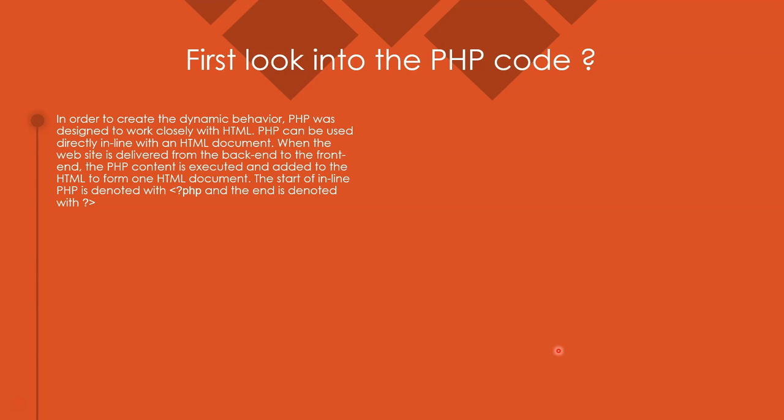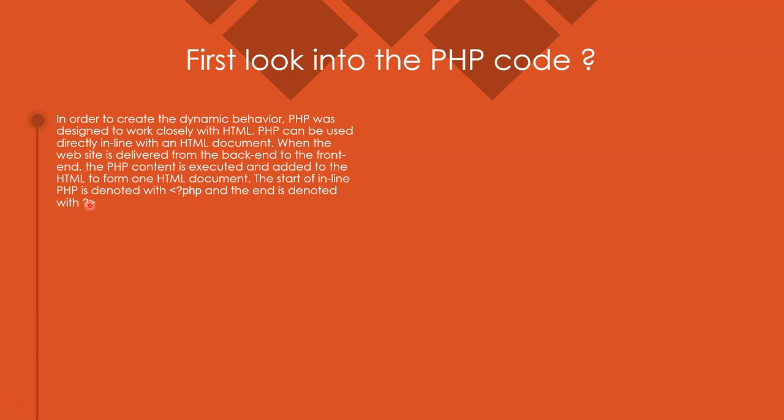So PHP follows a file extension ending with .php, so that the parser identifies that this particular file has to be processed, because your project folder can be a combination of .html files, .js files, .css files, but how will the PHP processor know which file to pick and process? So .php will specify that it is a PHP file, and any statement that you are trying to execute needs to be within the opening tag, which is like this, and the closing tag like this.